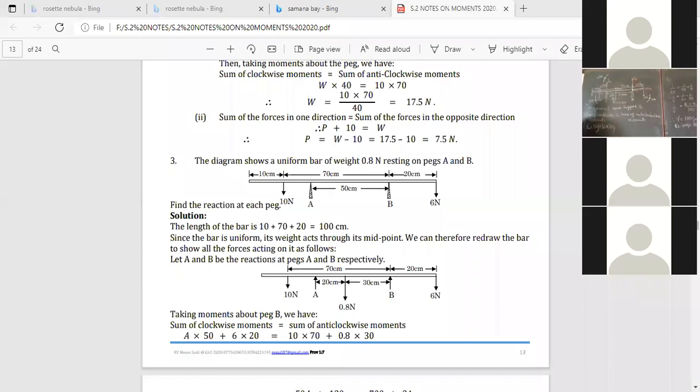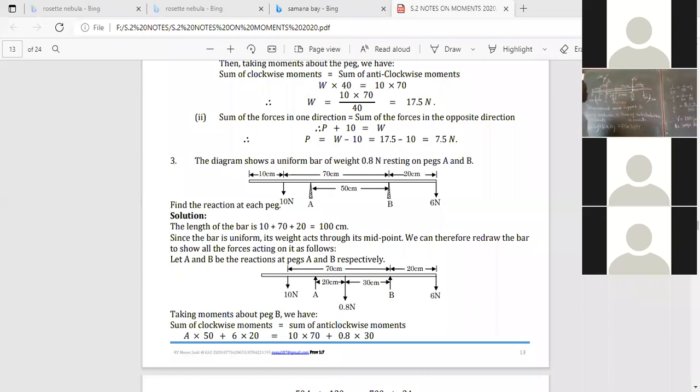This is going to be equal to the clockwise moments. For the clockwise moments, I start with the 10 Newtons. I'm applying it by what distance? 70. Good. Then plus 0.8.